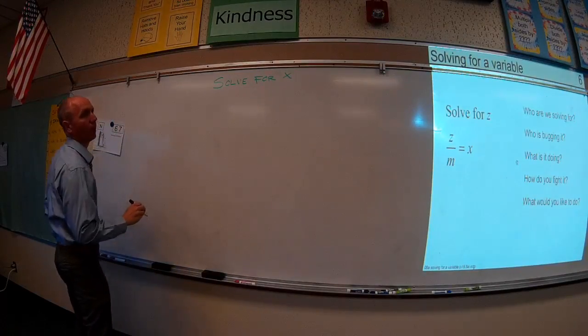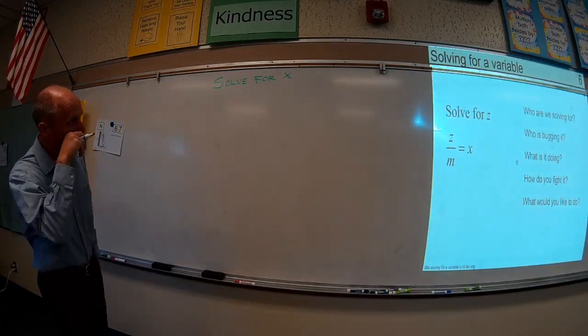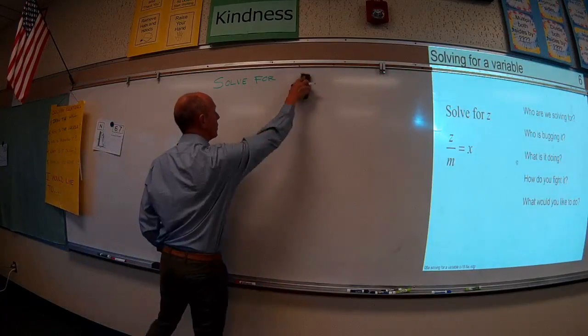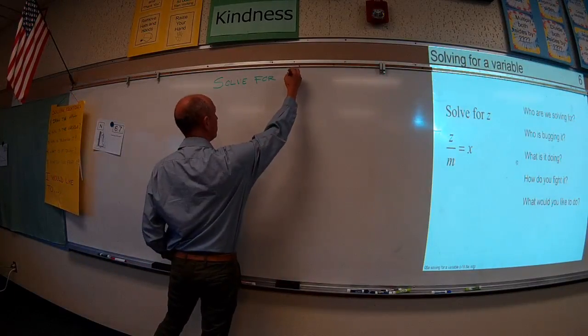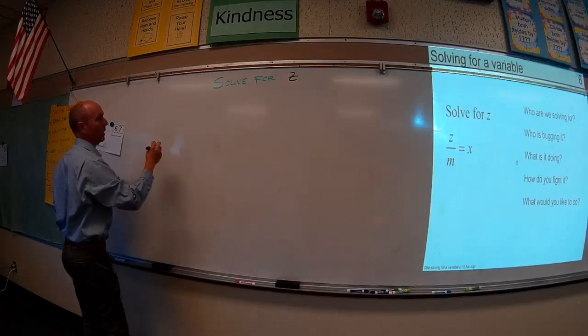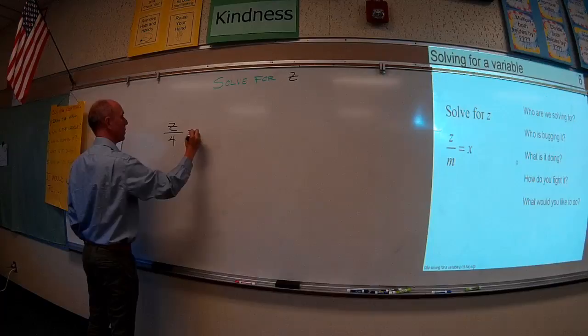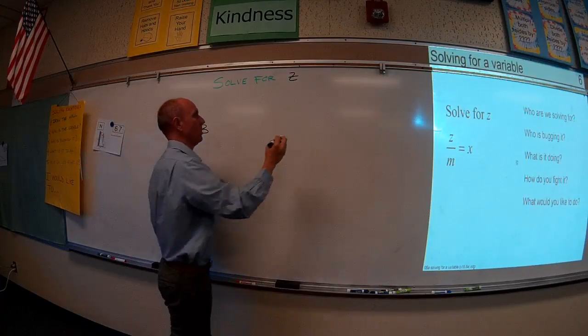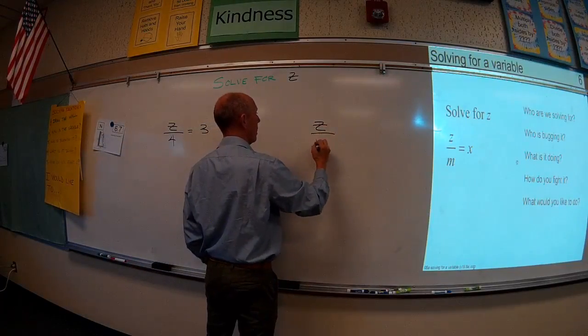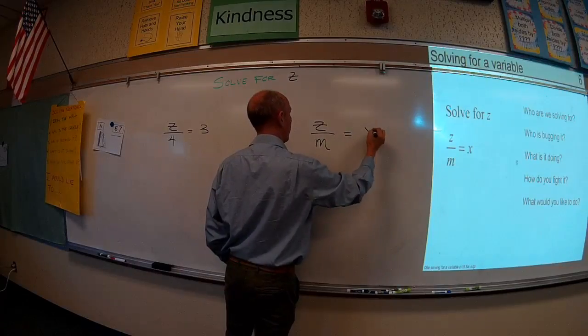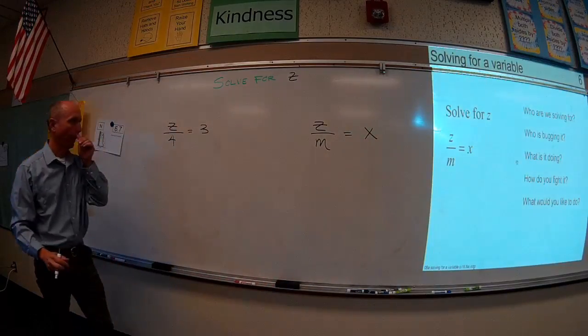I'm solving for z. Okay. We're going to solve for z on this one. So write down solve for z. And I'm doing z over 4 equals 3. And we're going to do z over m equals x.